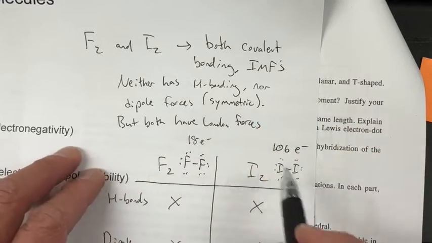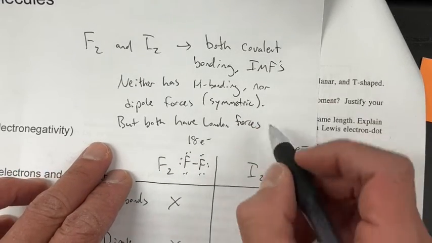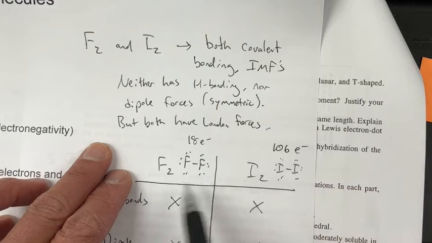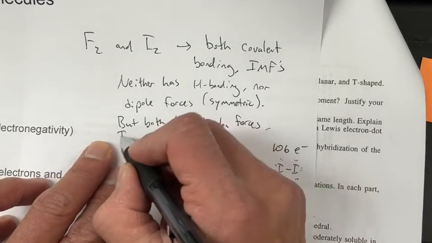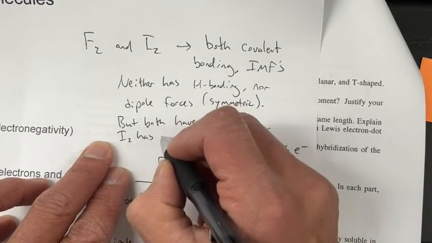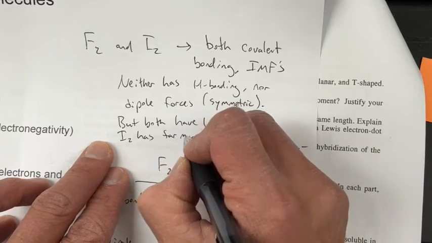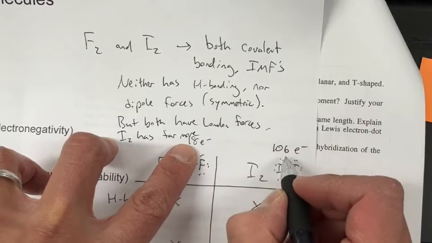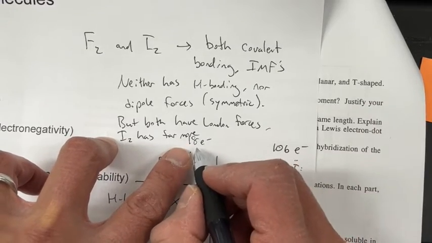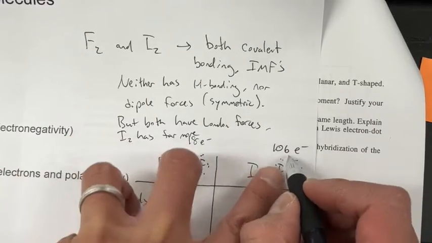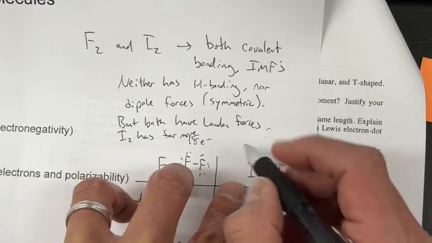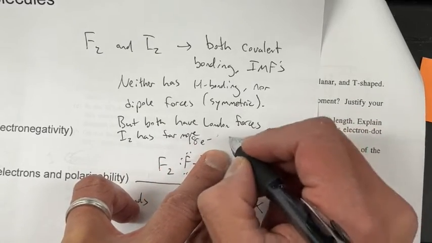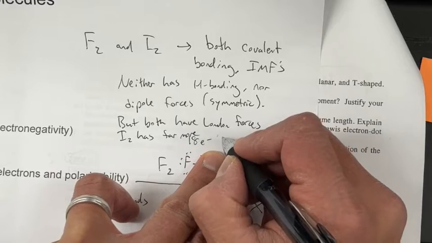And I2 has far more London forces than F2 does. Then write down about the electrons. F2 has only 18 electrons. I2 has 106 electrons, and we say this is more polarizable.